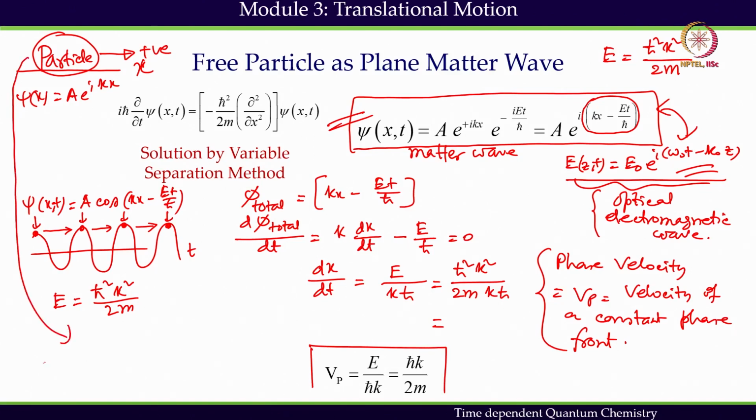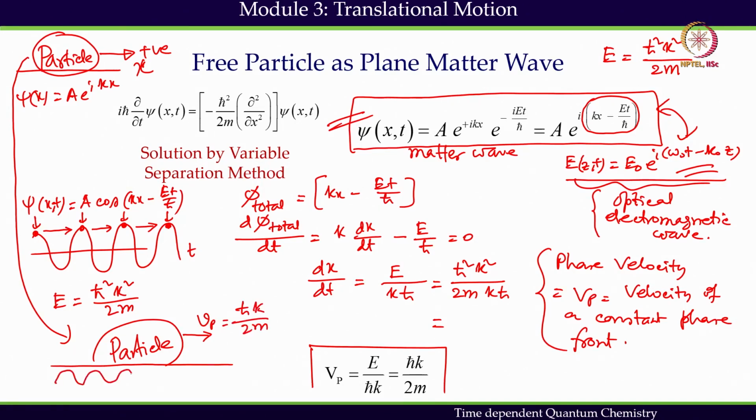So, this particle which is moving has a velocity which is called phase velocity h cut k by 2m, and so far the particle, how does it look like?